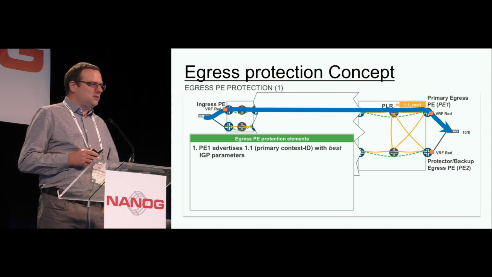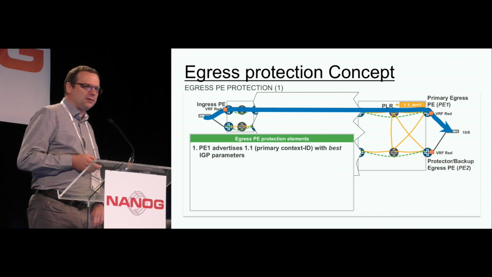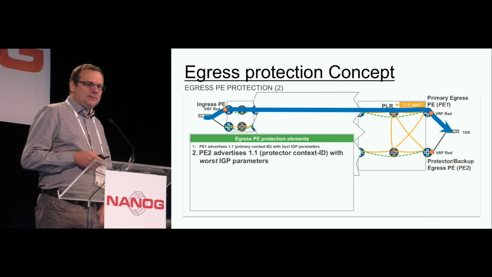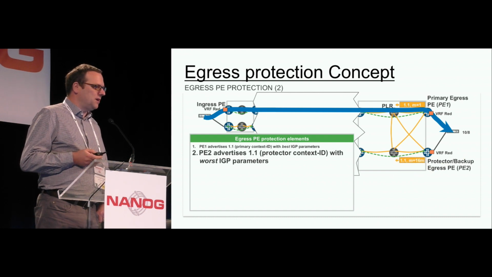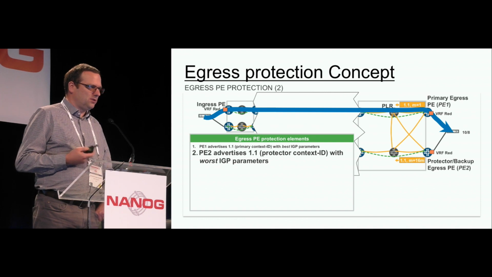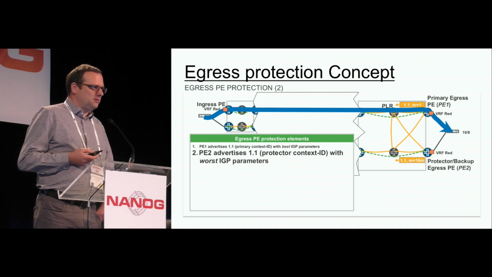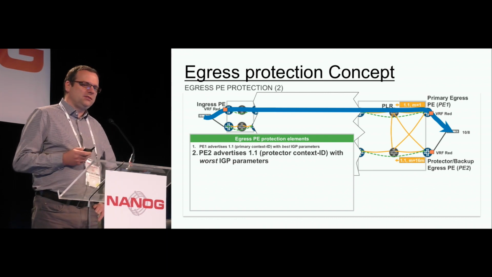For example, this is my context ID 1.1 with a metric of 1, so a low metric. At the same time, the backup egress PE, or protector, advertises the same prefix, injecting the same information but with bad IGP characteristics. For example, here it could be a high metric. As I mentioned, there are a couple of ways to do that. I will not cover them because there is not enough time, but this is an example.